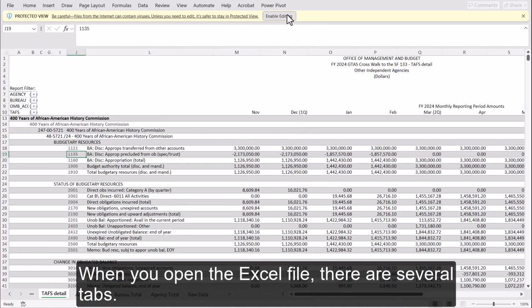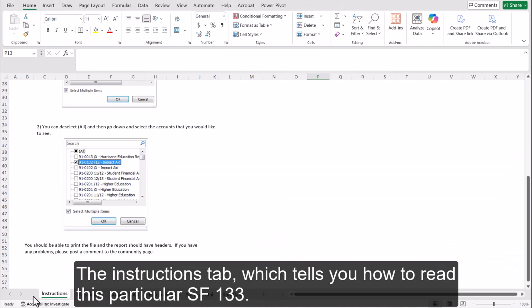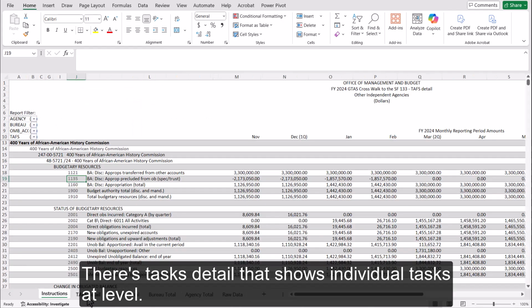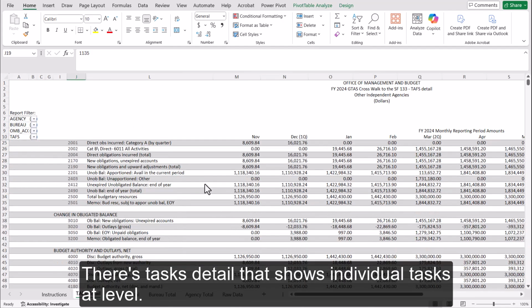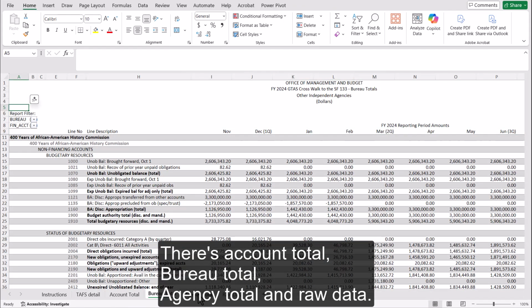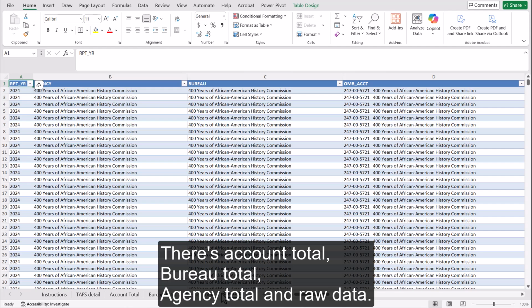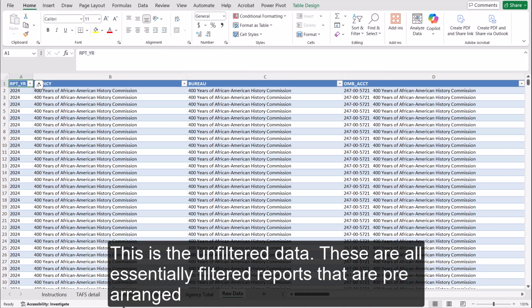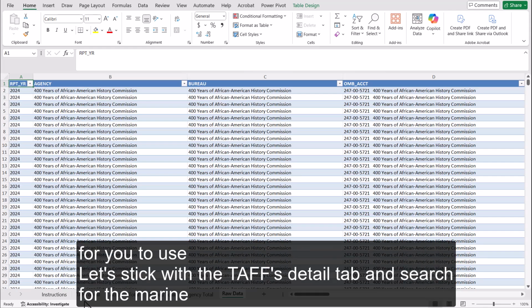When you open the Excel file, there are several tabs. The Instructions tab tells you how to read this particular SF-133. There's TAFS Detail that shows individual TAFS at level. There's account total, bureau total, agency total, and raw data. This is the unfiltered data. These are all essentially filtered reports that are pre-arranged for you to use.